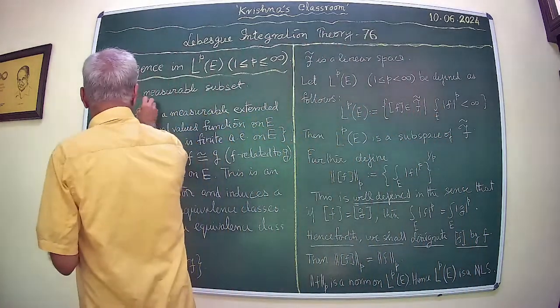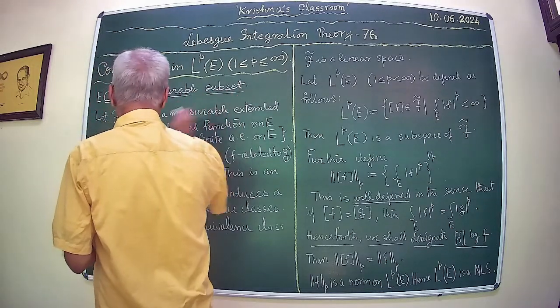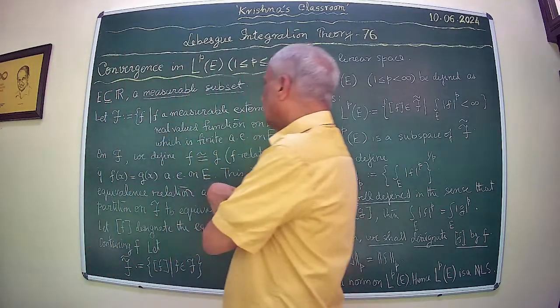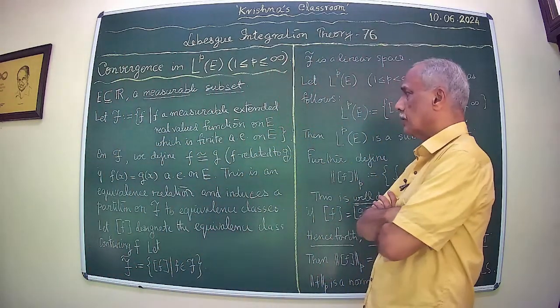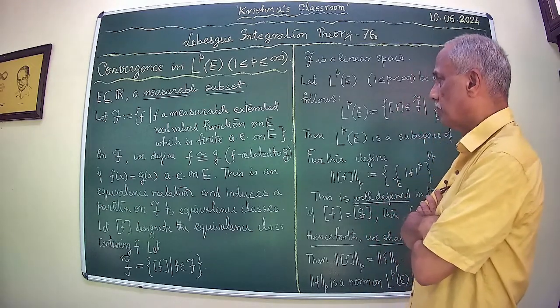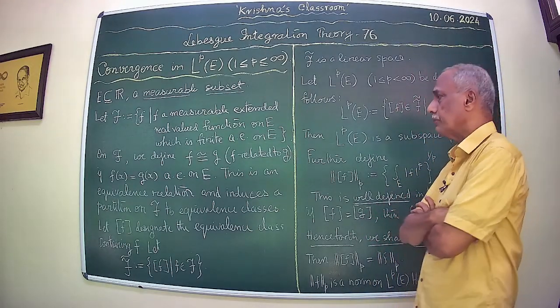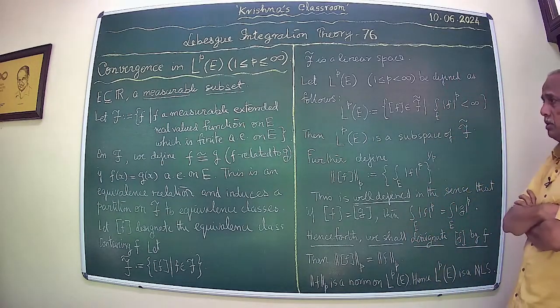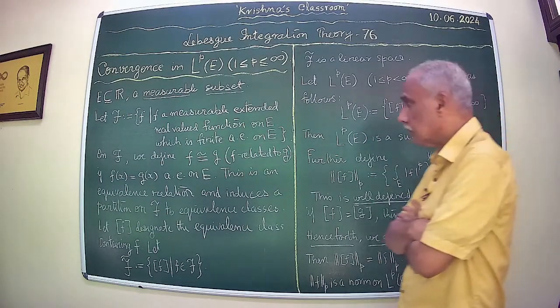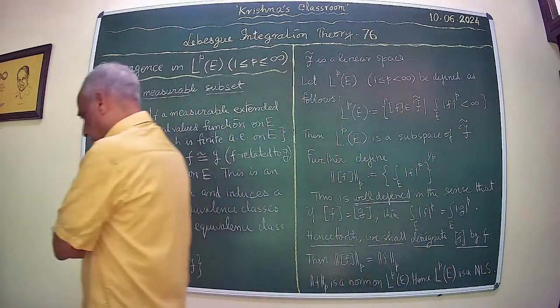Let script F denote the set of all measurable extended real valued functions on E, which is finite almost everywhere. On script F, we define a relation.